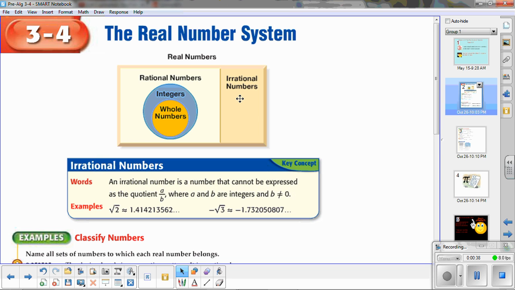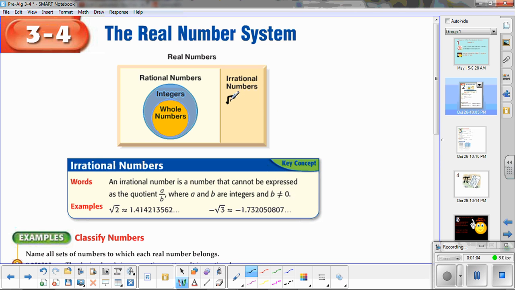Irrational numbers are numbers that cannot be expressed as the quotient a over b, where a and b are integers and b is not equal to 0. Basically, if you have a number that cannot be written as a fraction, it's an irrational number. Some common examples of irrational numbers are square roots of some numbers.